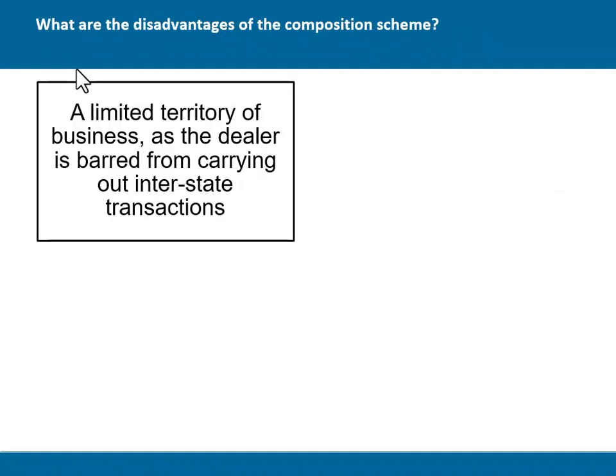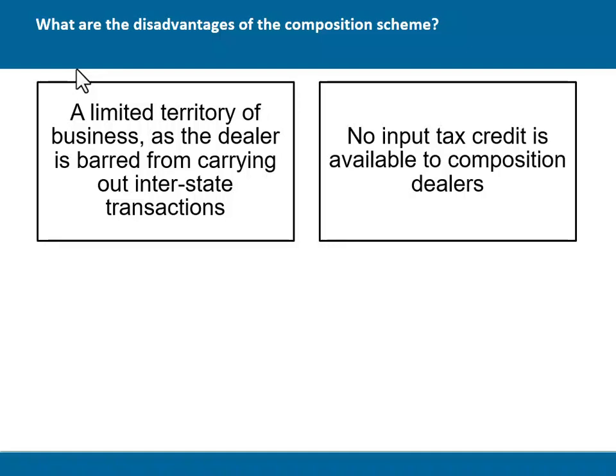Okay. A limited territory of business, as the dealer is barred from carrying out interstate transactions. So if he is carrying business outside the state, then he can't opt for this. Okay, so that's a disadvantage. No input tax credit is available to composition dealers. So if you are under a composition scheme, then you will not be allowed any input tax credit. Okay, fine.